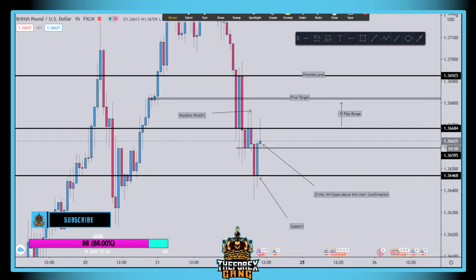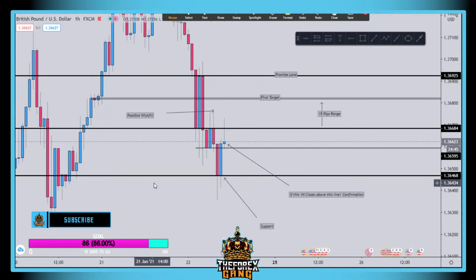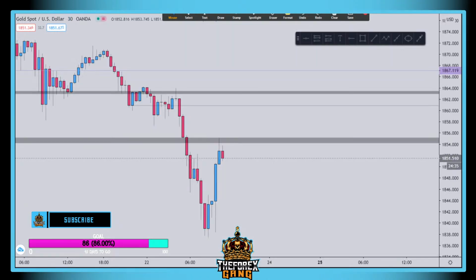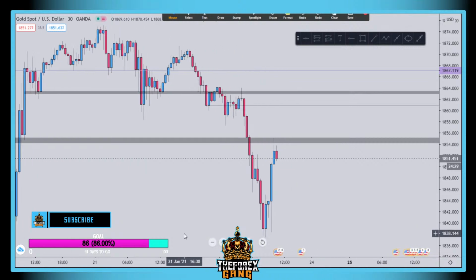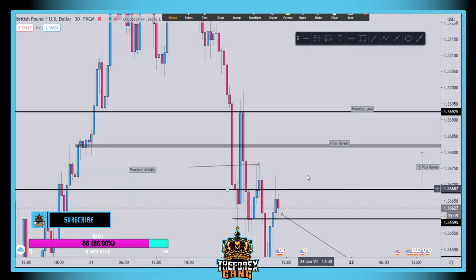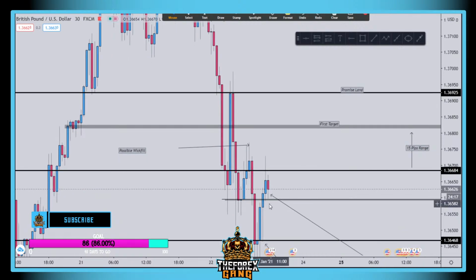Wow, this hour closing like it's about to be a doji. Very sticky situation. But this 30 minutes is respecting the previous low, so let's see.